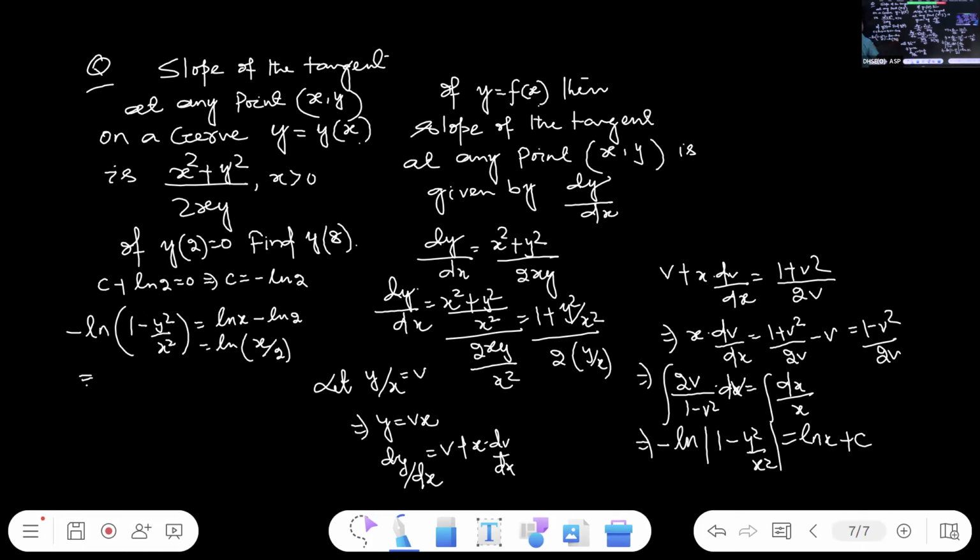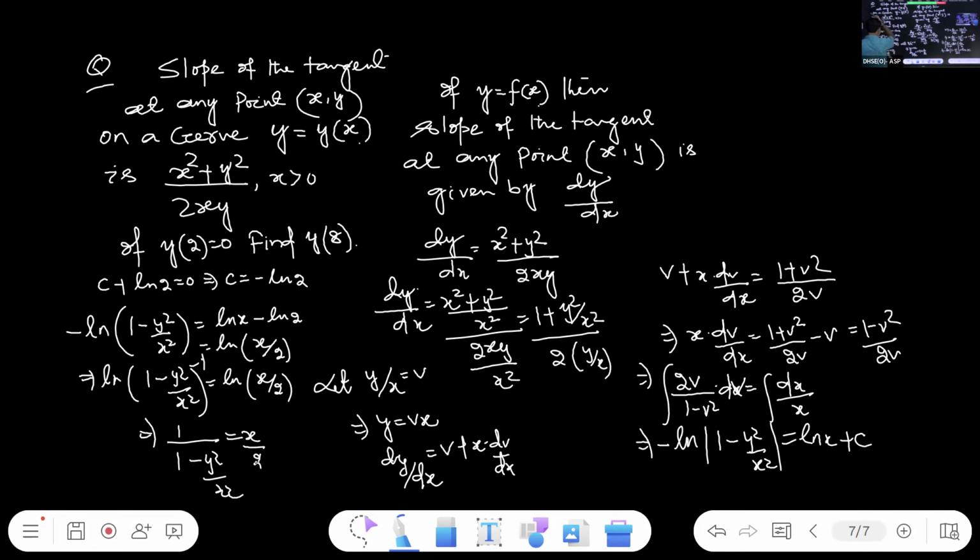So this implies ln of (1 minus y square upon x square) whole to the power minus 1 is equal to ln (x by 2). So ln cancels, and 1 by (1 minus y square upon x square) is equal to x by 2.